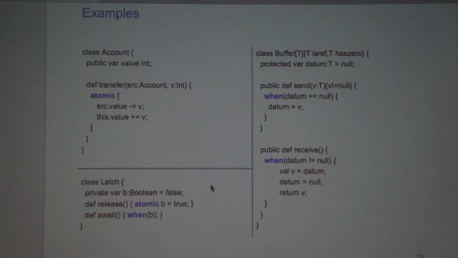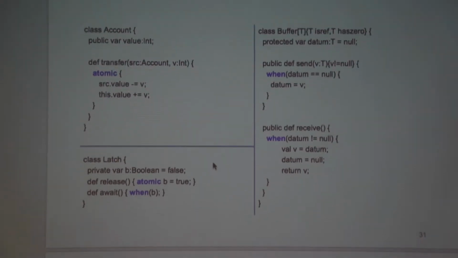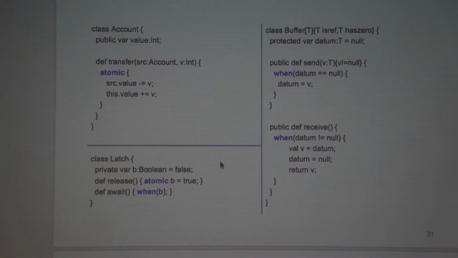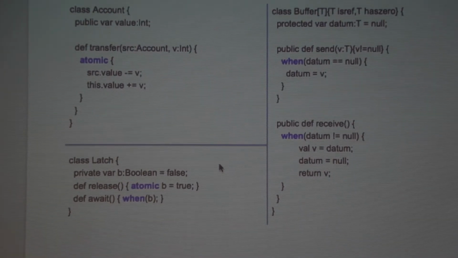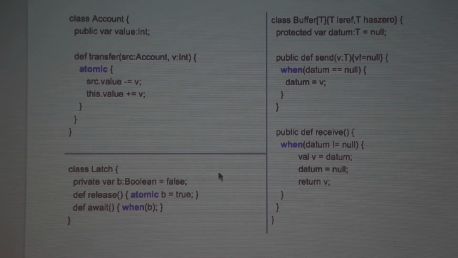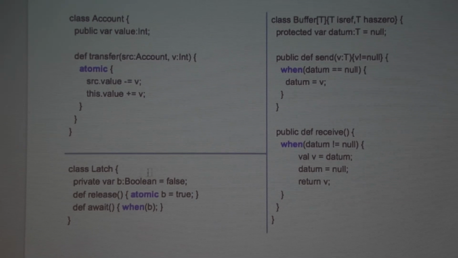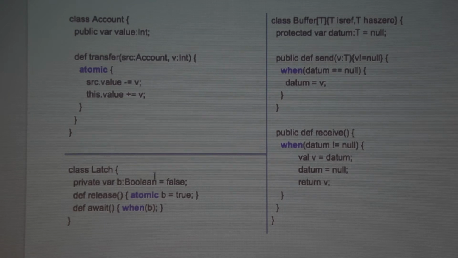Someone can release it by setting it to true, by invoking the release method. It can be released multiple times, but once it is released, then there's no further effects of subsequent releases. And then you await for the latch to be latched, and that is a when with nothing in the body. So you're simply checking whether this variable is true, right?